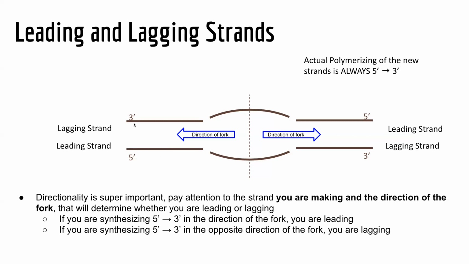Whereas for this one up here, the 3' end is over here, so as it opens up, more and more of the 3' end is exposed. In order to build all this, the best thing to know is that it's always going to be polymerizing 5' to 3', adding onto the 3' end.